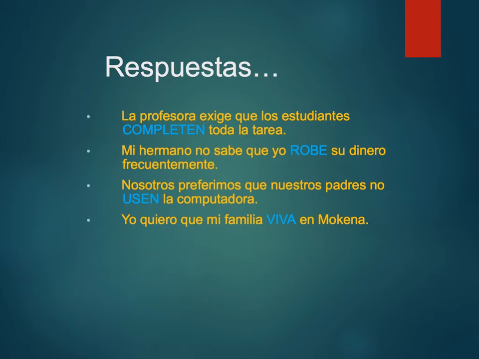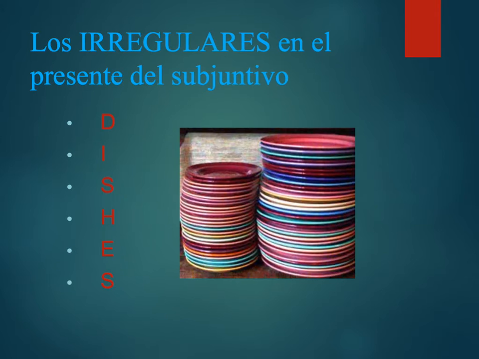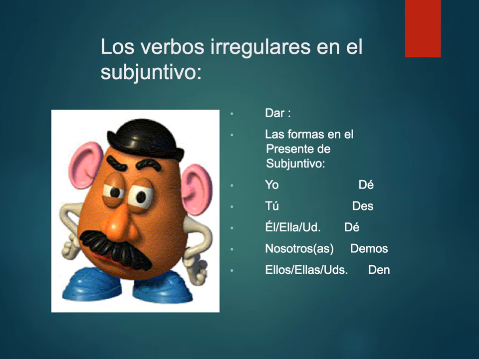There you go. If you don't know how we got there, first thing you do when you come to class tomorrow is say, Señora, I don't know what's going on. Walk me through it. Here are your irregulars, okay? The helpful hint is DISHES, because the verbs that are irregular are dar, ir, ser, haber, estar, and saber. So together, the first letters of all those words spell dishes.